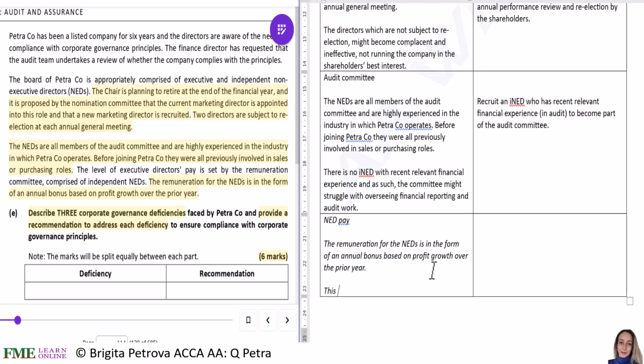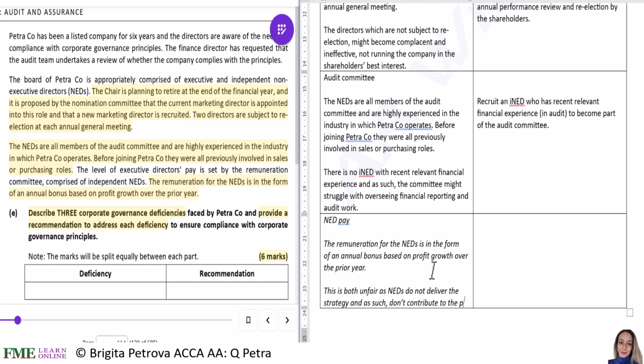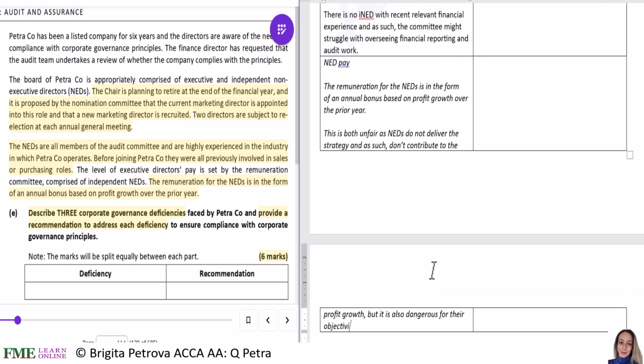So we can say this is both unfair, as NEDs do not deliver the strategy, and as such don't contribute to the profit growth, but it is also dangerous for their objectivity, because knowing that they would be paid based on the profit, they could make decisions which are in their best interest, in the short-term interest, rather than the long-term future of the company.